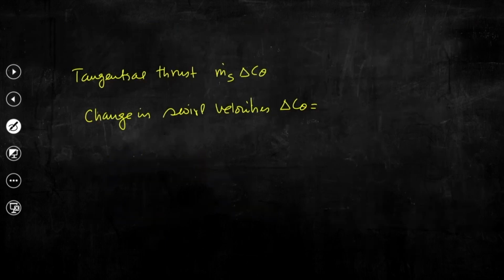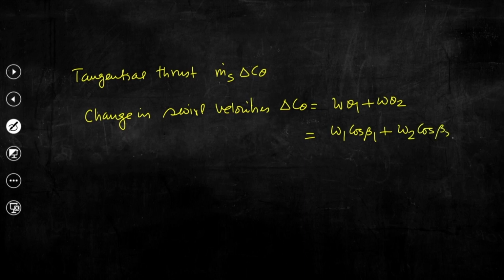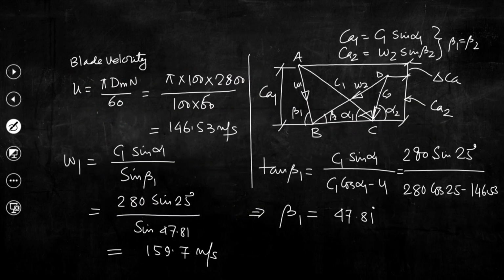Now, if we consider w theta 1 plus w theta 2 for this problem, w theta 1 equal to w1 cos beta 1, and this is w2 cos beta 2. Let us verify whether we had written it correctly or not. So, this is W theta 2 and this is W theta 1.